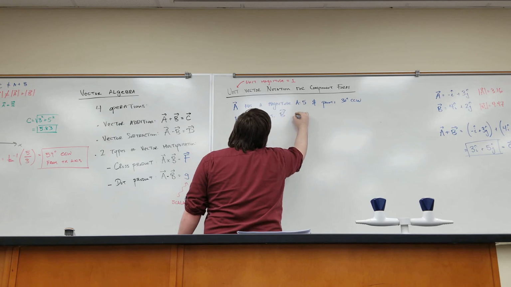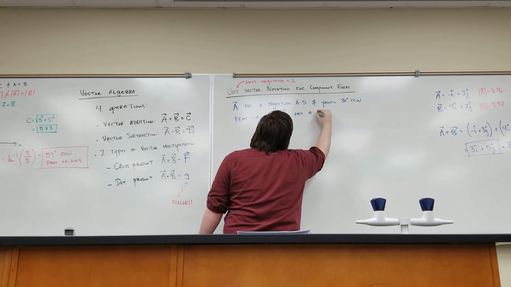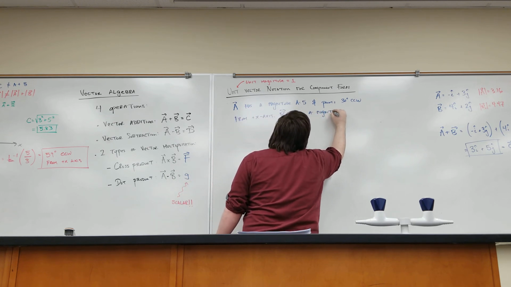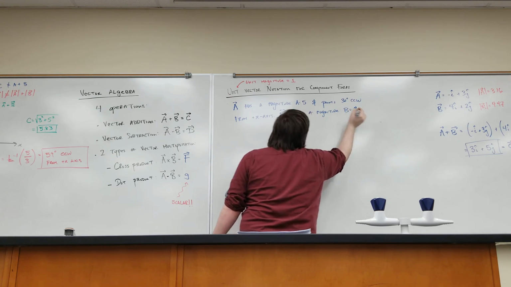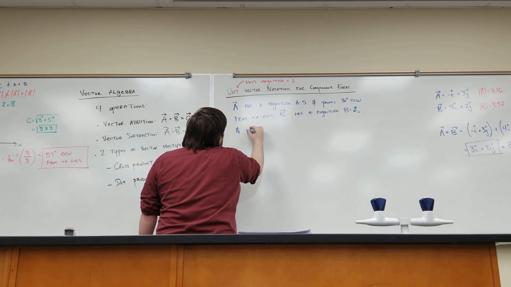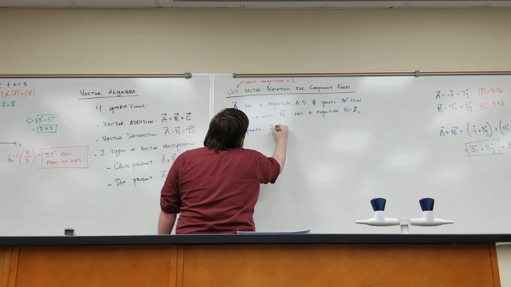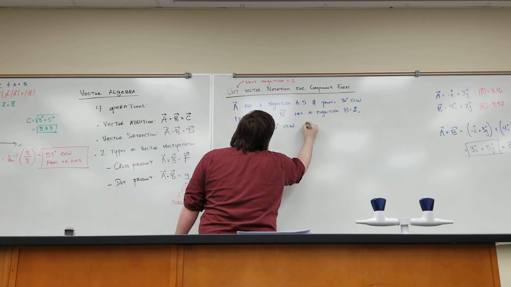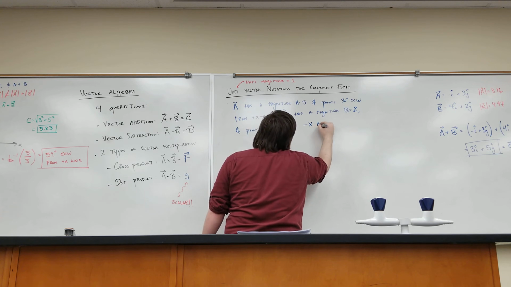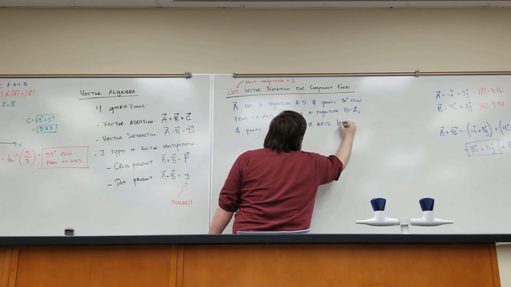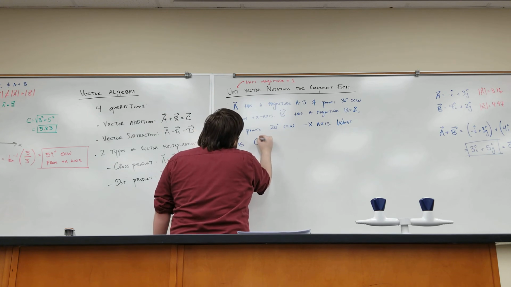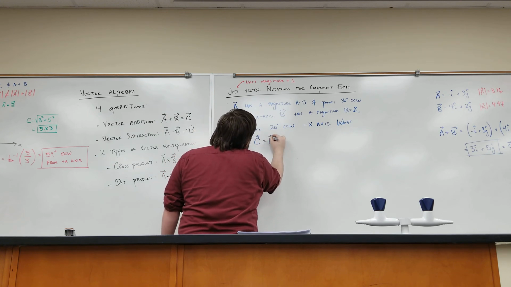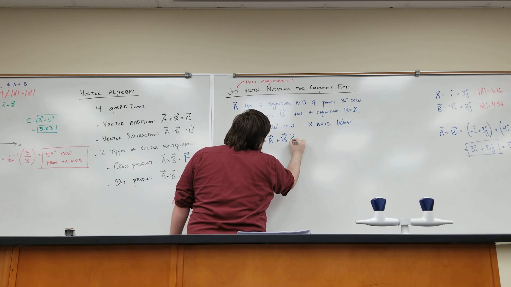B has a magnitude of 2 and points 20 degrees counterclockwise from the negative x-axis. What is C equals A plus B?